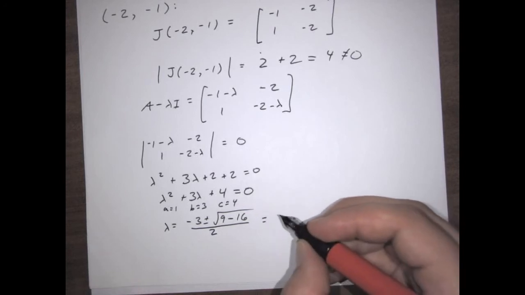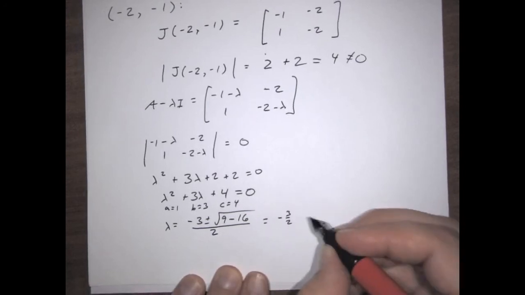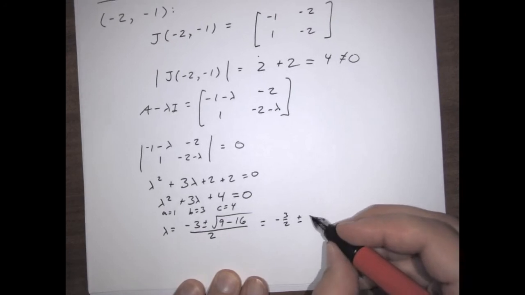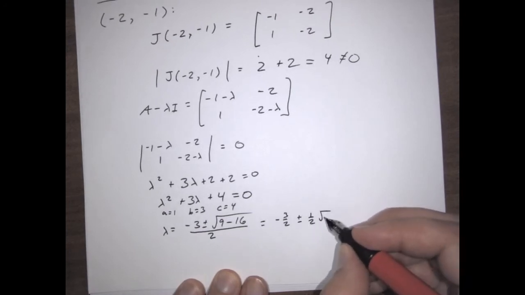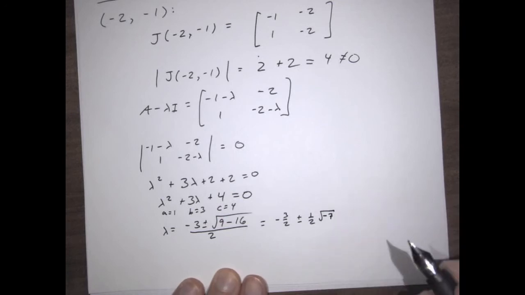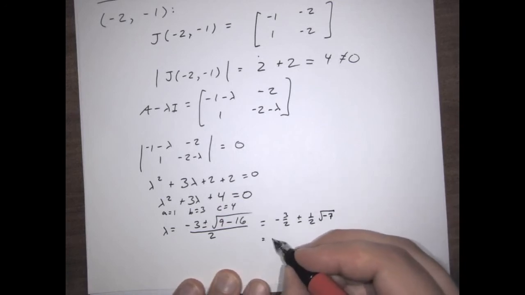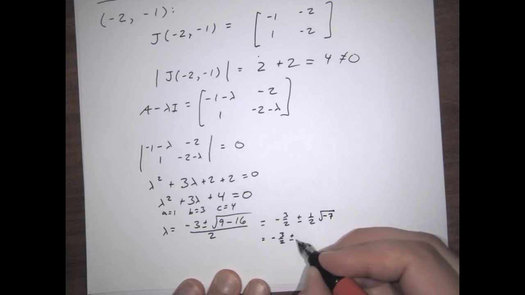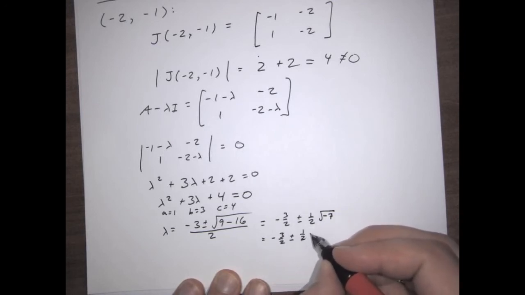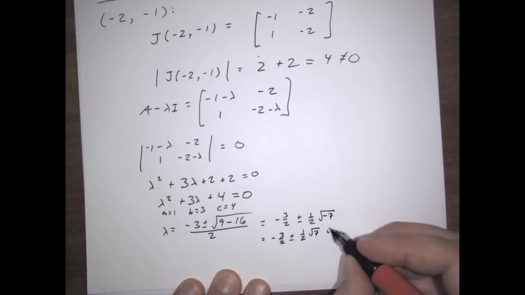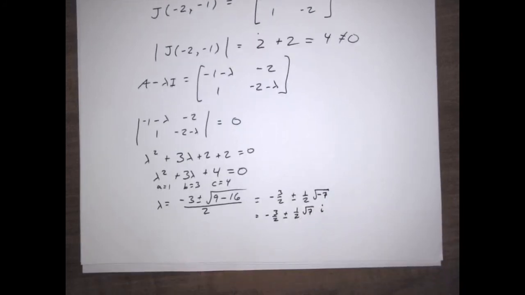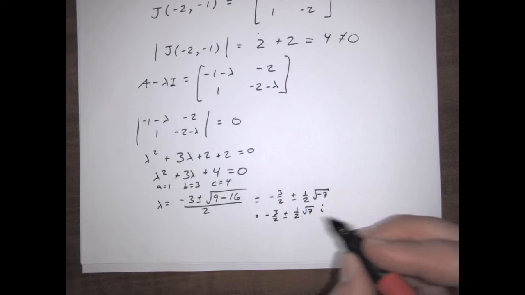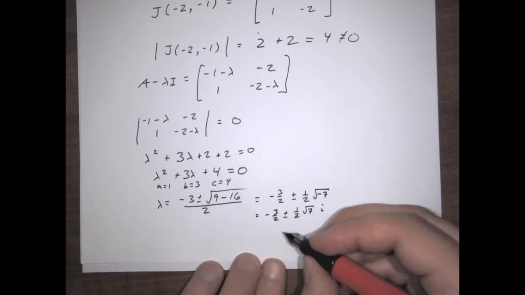So that's going to be negative 3 halves plus or minus 1 half square root of negative 7. So in other words, we're going to have negative 3 halves plus or minus 1 half root 7 i. And so the important thing here is that we have a pair of complex conjugate solutions with a negative real part.